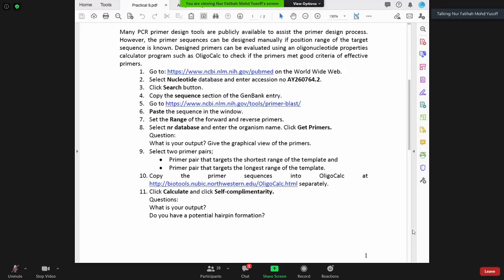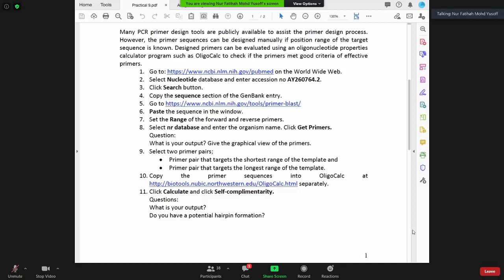Other than that, you can also use this for site mutagenesis, when you want to have one nucleotide different in the sequence. The difference will generate a different amino acid. This is one example you can also apply to your primer sequence. Another application.